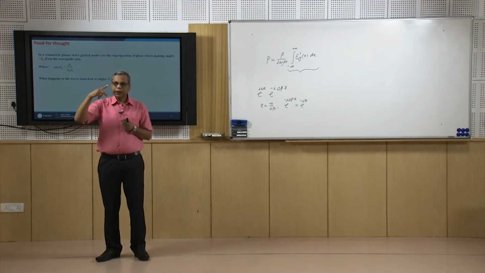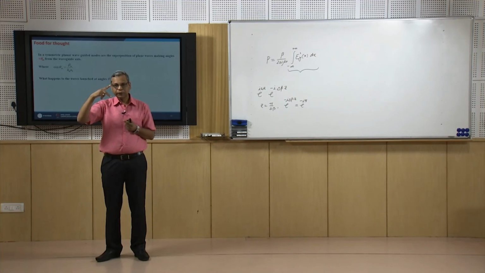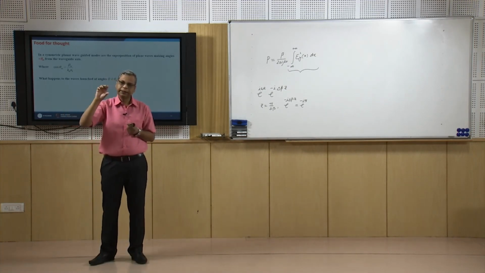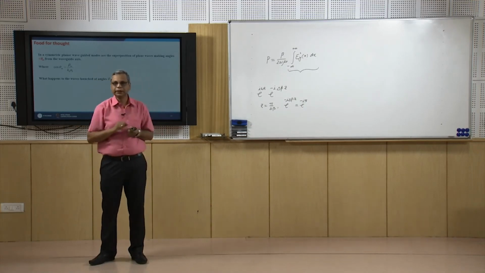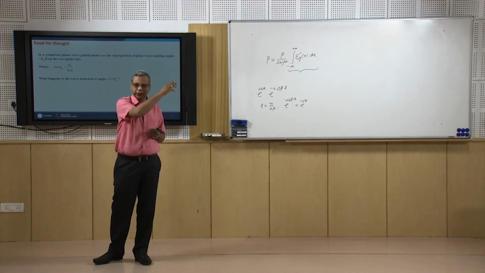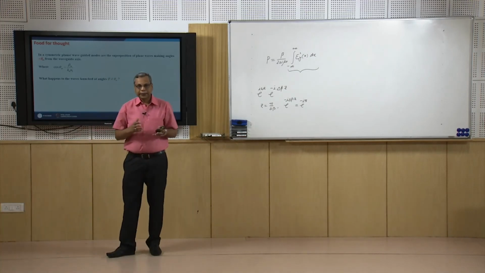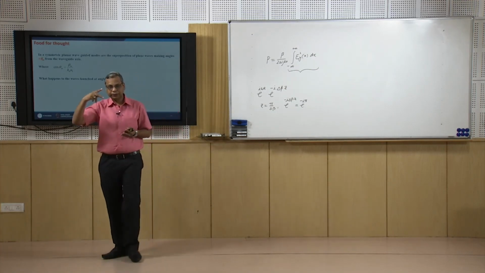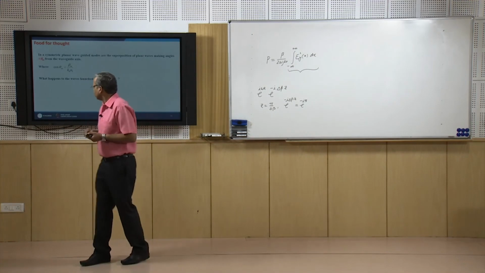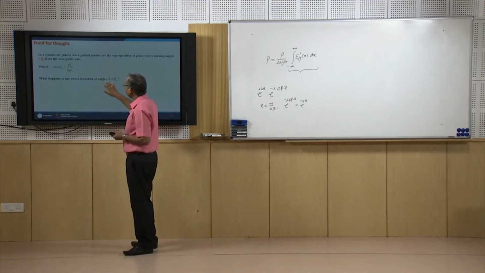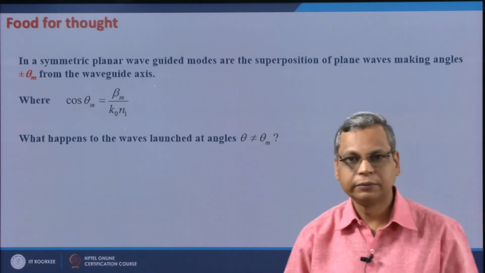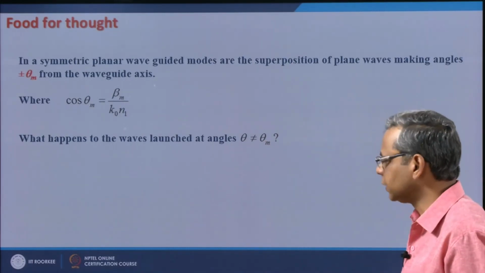So, if I launch two plane waves at angles plus minus theta 0, then I excite the T0 mode, the pattern corresponding to T0 mode is formed, and it goes along the waveguide and sustains its shape. Similarly, if I excite at plus minus theta 1, T1 mode is there. The question is, what happens if the waves are launched at angles which do not correspond to the angles of these guided modes?